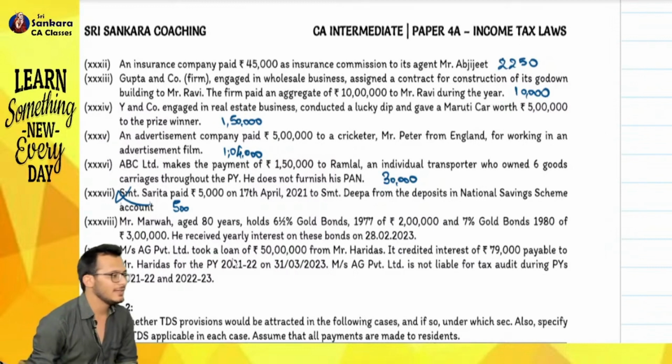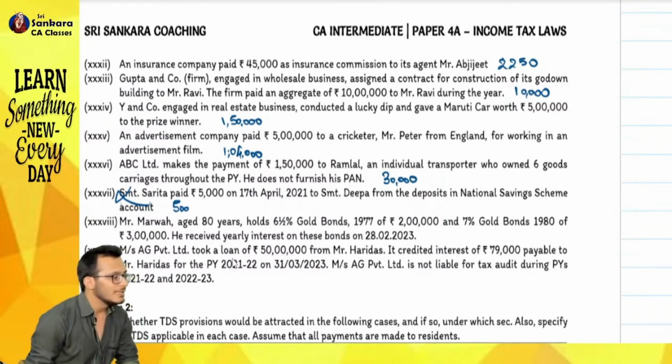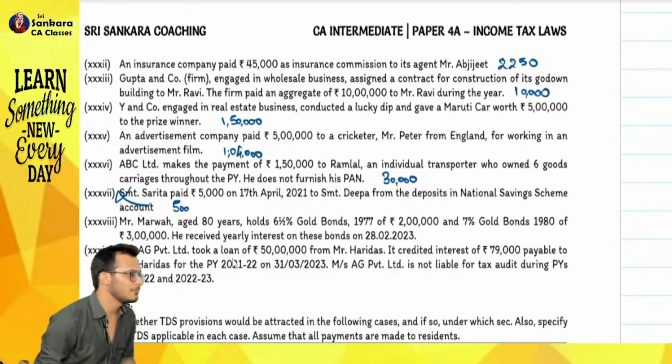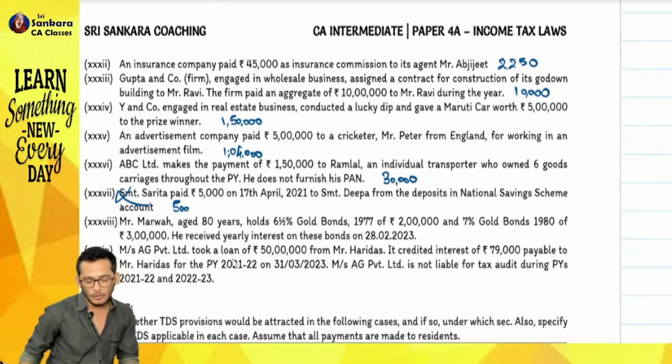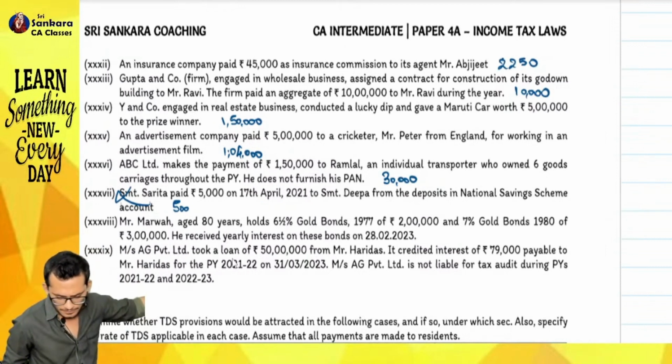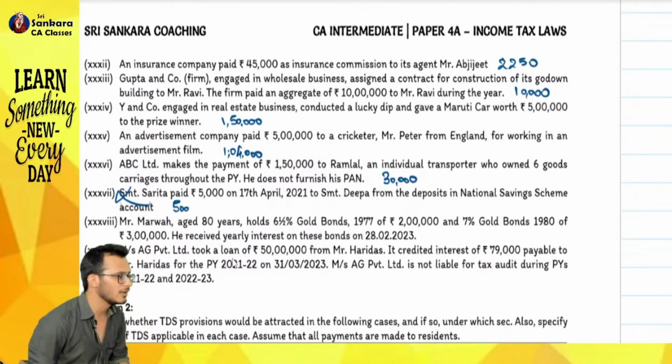Normally, if you read section 193, any kind of these transactions will not be liable for TDS, except for gold bonds. There they have clarified that if it is a gold bond and the interest on these gold bonds goes beyond 10,000 rupees, then TDS is applicable.